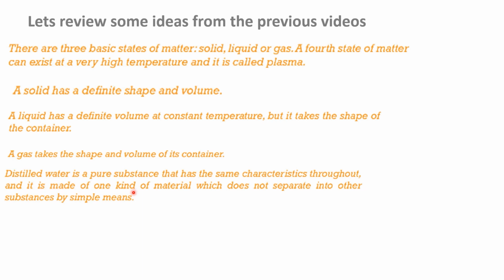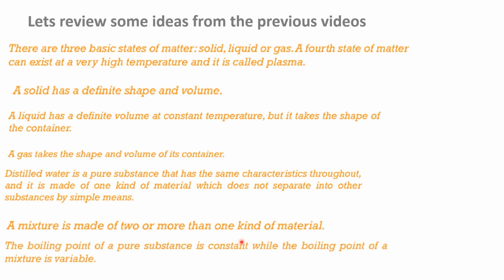Distilled water is a pure substance that has the same characteristics throughout, and it is made of one kind of material which does not separate into other substances by simple means. A mixture is made of two or more than one kind of material.